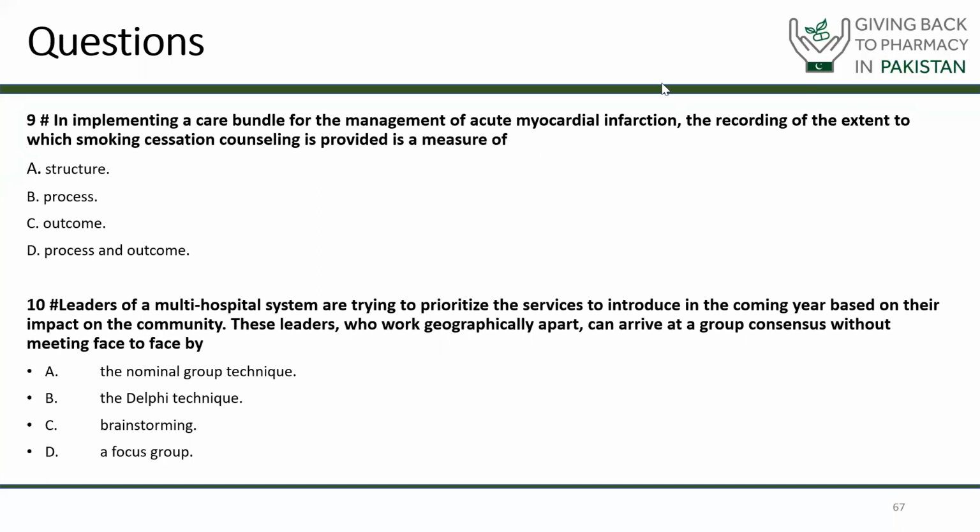The last question, can you just explain the answers because we need to finish the session? Number 10. Okay. The leaders of a multi-hospital system are trying to prioritize the systems to introduce in the coming year based on their impact on the community. These leaders, who work geographically apart, can arrive at group consensus without meeting face to face.